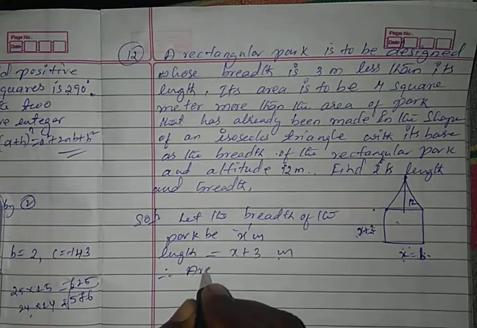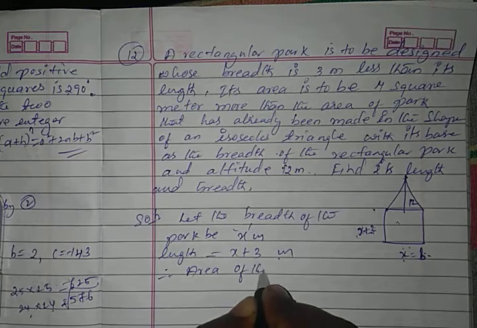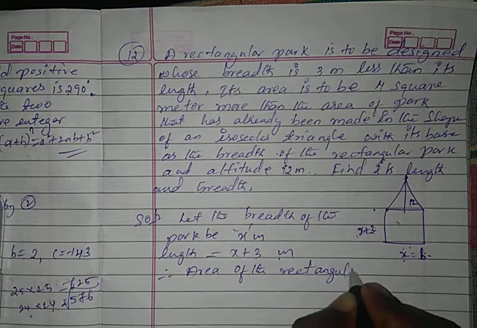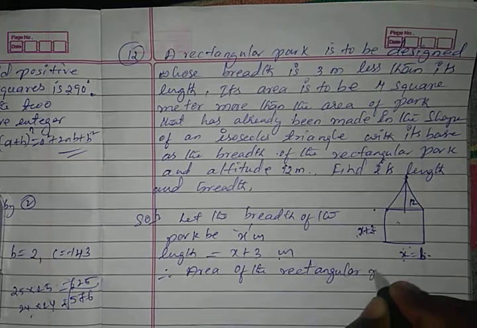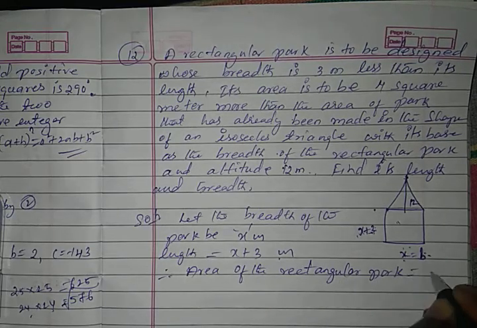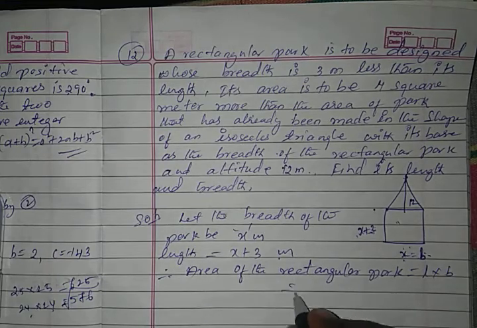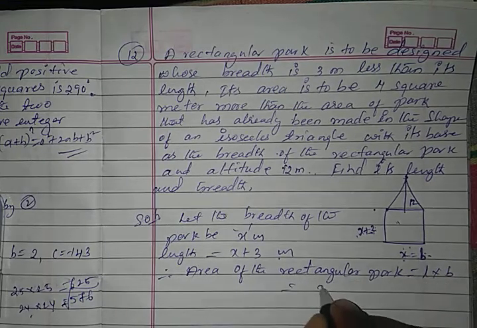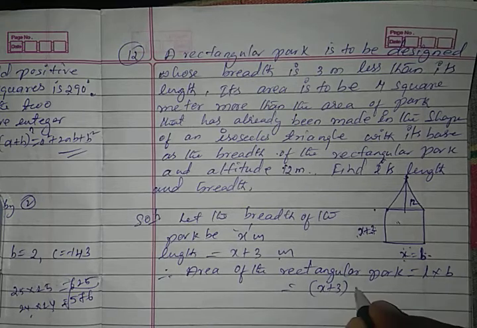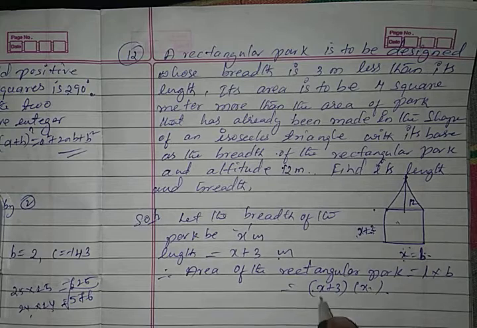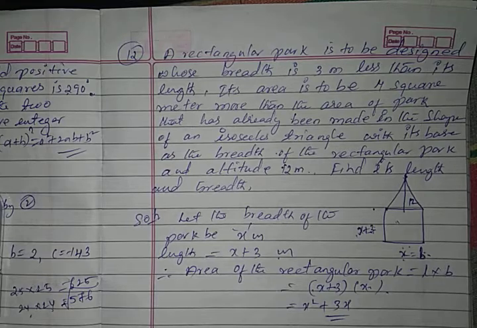Therefore, the area of the rectangular park is length into breadth, that is x plus 3 into x. So x into x is x square, plus x into 3 is 3x. This is the area of the rectangular park.